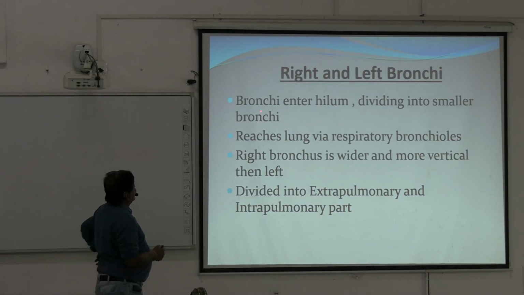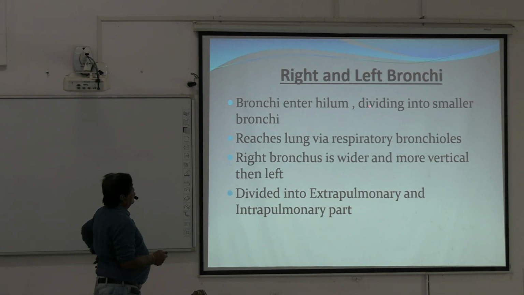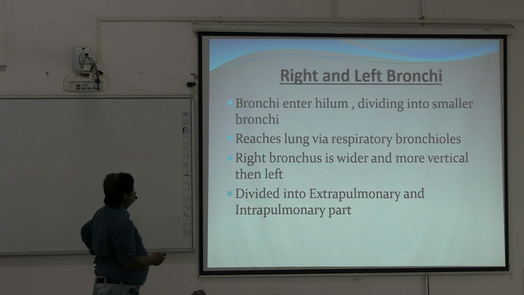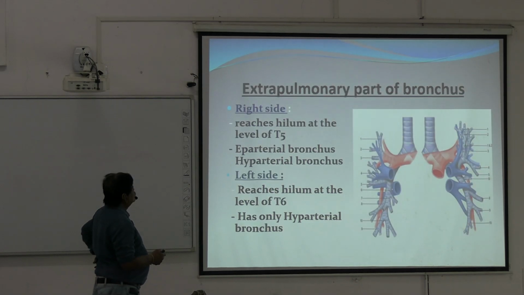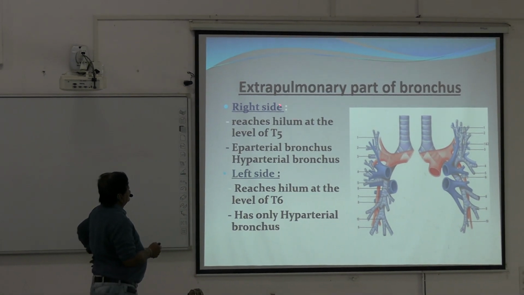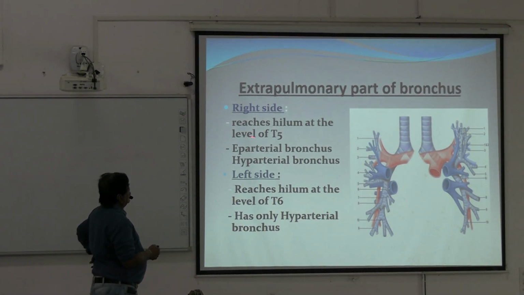Now the right and left bronchi enter the hilum, dividing into two smaller bronchi, and reach the lung via respiratory bronchioles. The right bronchus is wider and more vertical than the left, divided into extrapulmonary and intrapulmonary parts. The extrapulmonary part on the right side reaches the hilum at the level of T5.